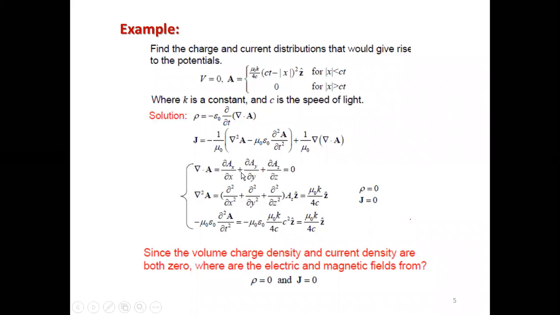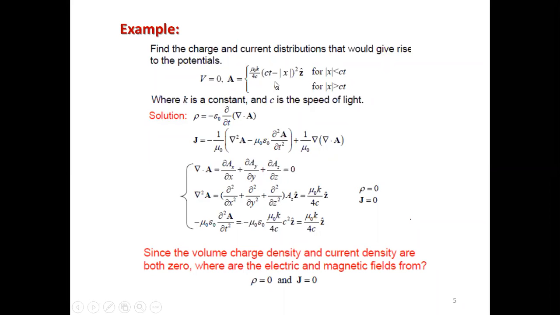Okay, so if we differentiate this condition, first with respect to x. Since this is a vector along z, we have only a z component. There is no x component here, so this term is 0. There is no y component, so this is 0. So there is only the z component.